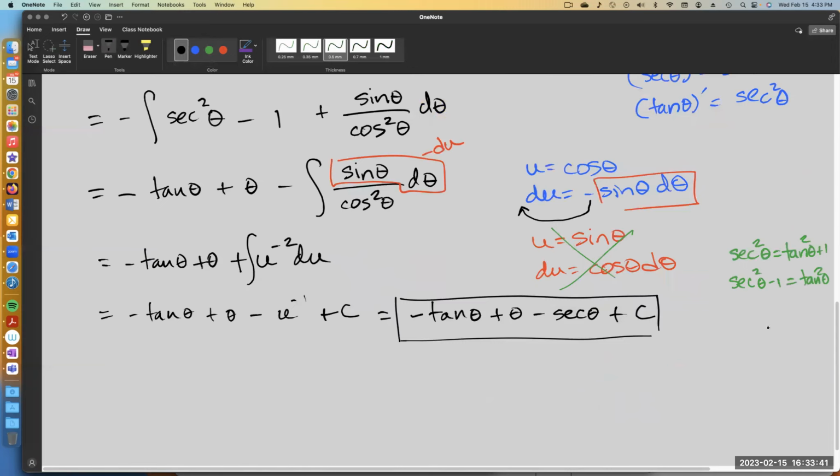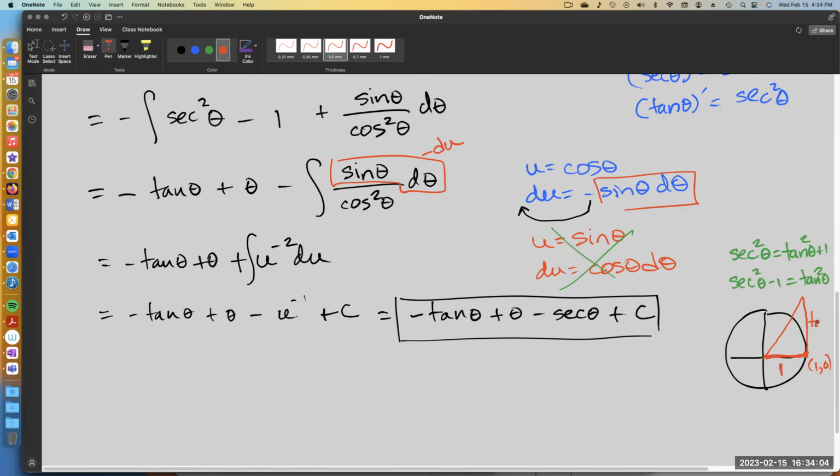Here, I think, is a super cool way to remember this identity. If we draw a unit circle, if you take and extend the terminal ray here and drop it down right to there, where that's the point 1 comma 0, this is a unit circle, so that side is 1.